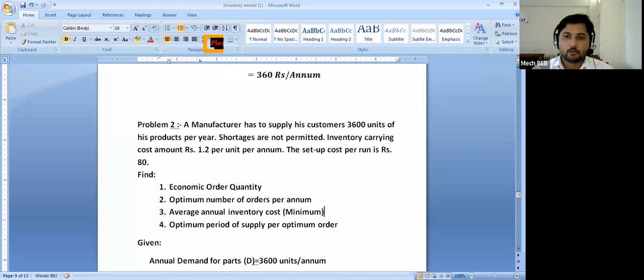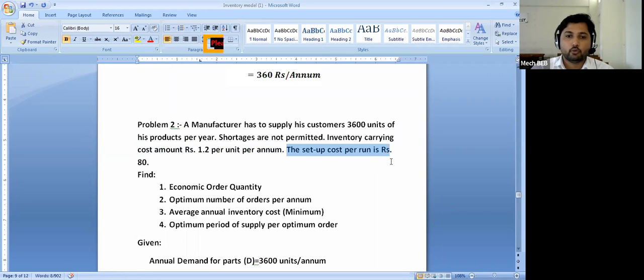Okay, so the problem mentions that a manufacturer needs to supply 3600 units of products to his customers. The inventory carrying cost is provided, 1.2 per unit per annum, and the setup cost is provided.